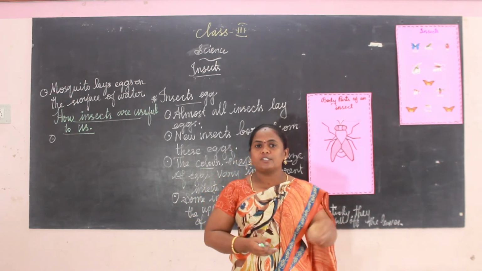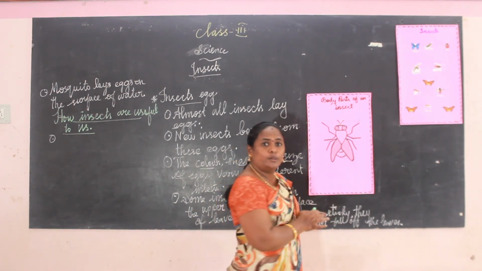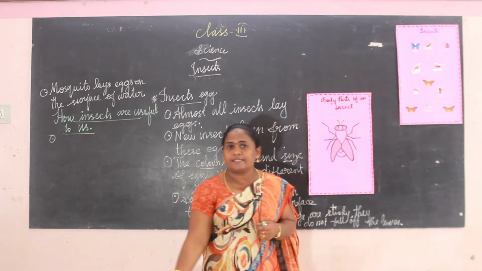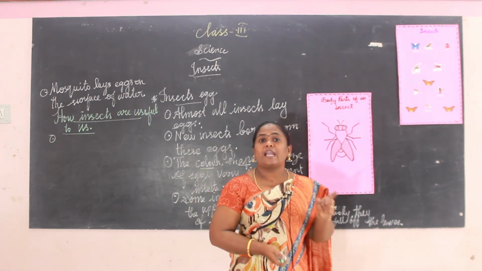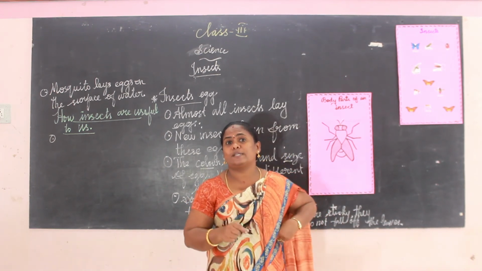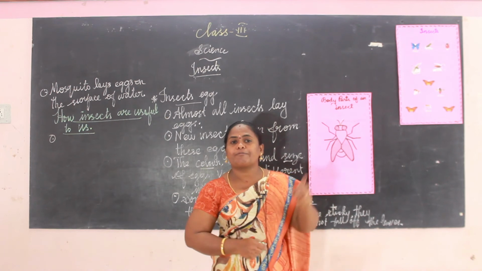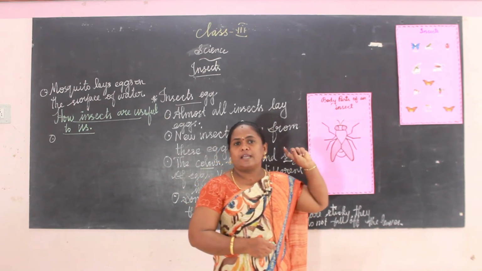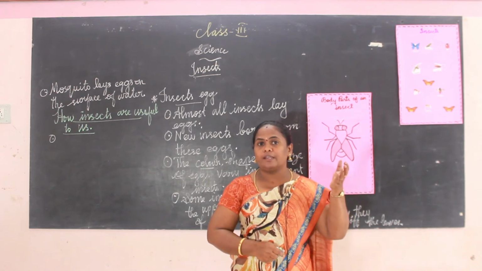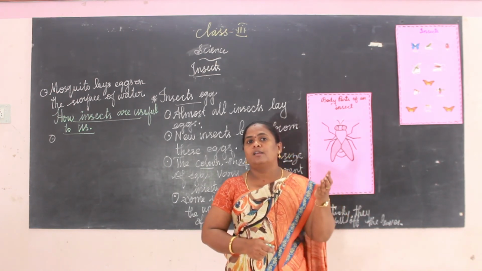And then the next one is the dragonfly. Do you know dragonfly? So this is a dragonfly. We call it thattaampoochi. The dragonfly feeds on mosquitoes. It helps to control diseases such as malaria, dengue, chikungunya, typhoid.